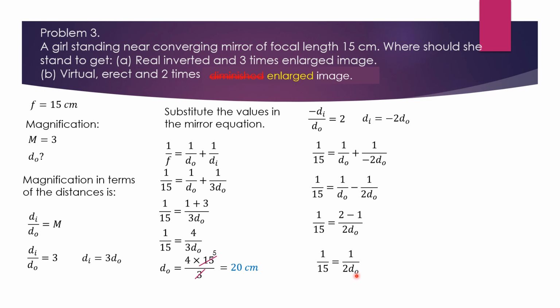Taking this do to the other side, and 15 to this side will give us do is equal to 15 over 2, which is equal to 7.5 centimeter. This is the answer given in the book. Probably the book has an error of writing it diminished here. It should have been enlarged for this answer.